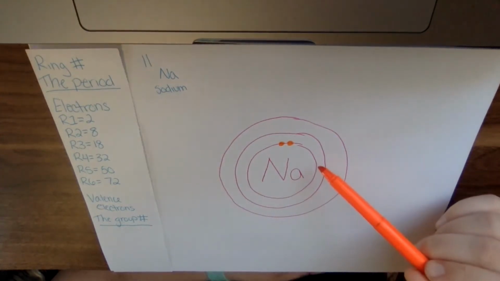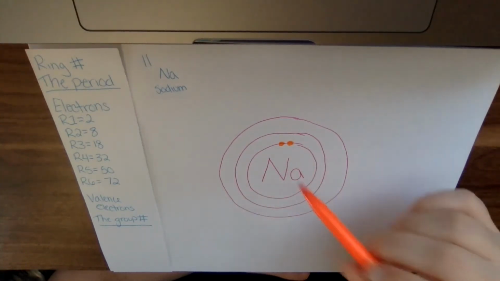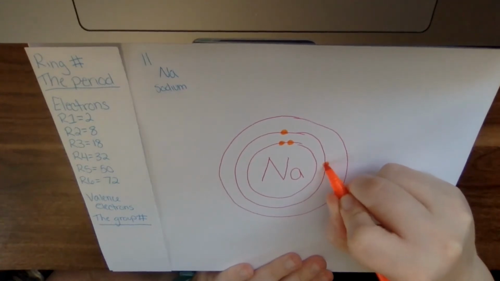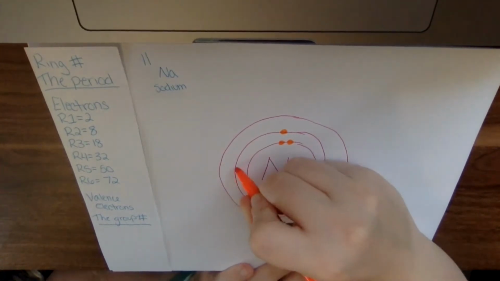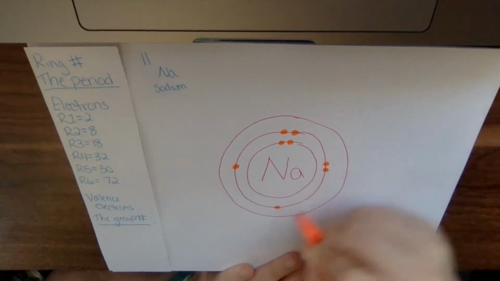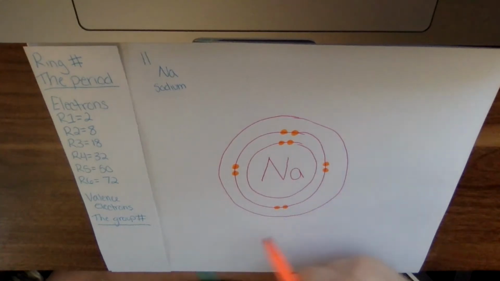Now I need to move on to ring 2. Ring 2 can fit 8 electrons, so I have 2, 3, 4, 5, 6, 7, 8, 9, 10. So I have 10 electrons.